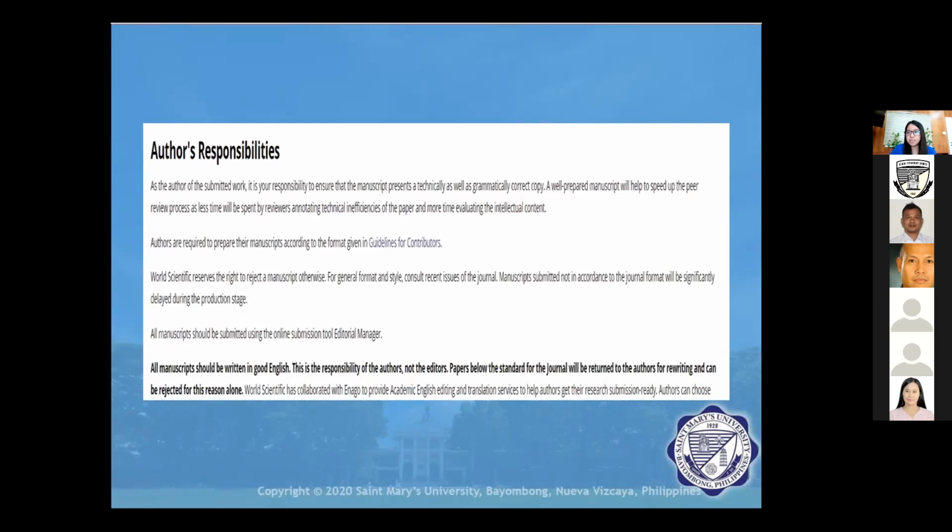Which means maybe the researcher failed to have his or her paper checked by a language editor. But in terms of the content of the paper, because it passed through the reviews and all of the process, it is being published in a Scopus journal.